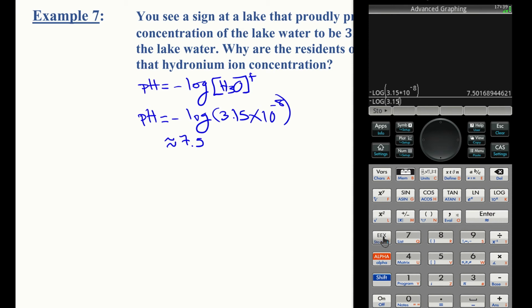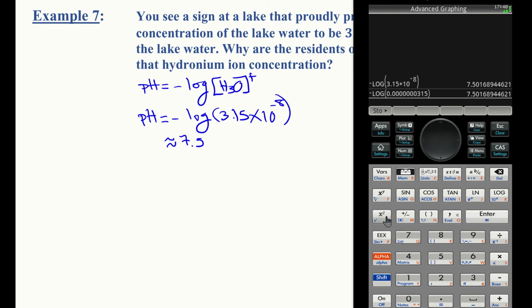When you hit that button, you're not going to need to write the multiplication, the 10, and all you have to type is the exponent. So right now we're just going to type negative 8. As soon as you type, the system is ready to receive the exponent. It's going to put in the times and the 10 for you. It just asks you for that exponent, and then you hit enter, and of course you get exactly the same thing.